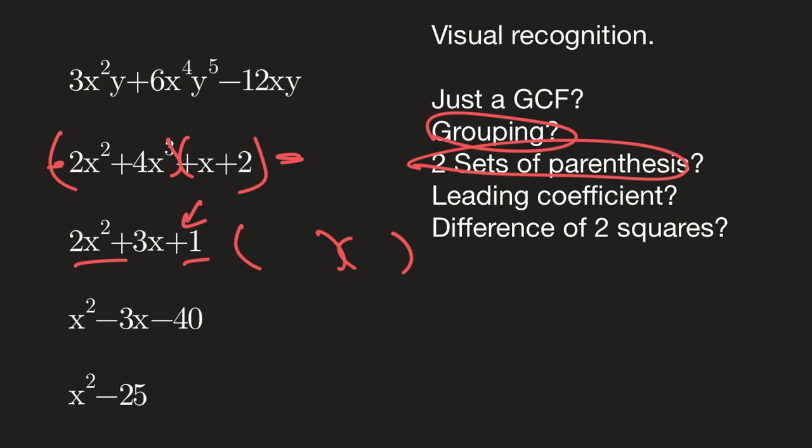Next one, again, this is what we did today. Trinomial, right? Oh, I got a trinomial. Hey, leading coefficient's 1. Awesome. All I need to do is look at the last number. 2 sets of parentheses. Guys, what are 2 numbers that multiply to 40 but subtract to 3?